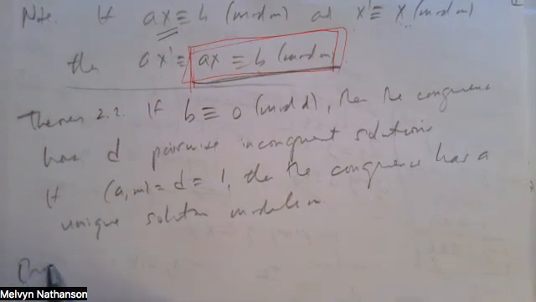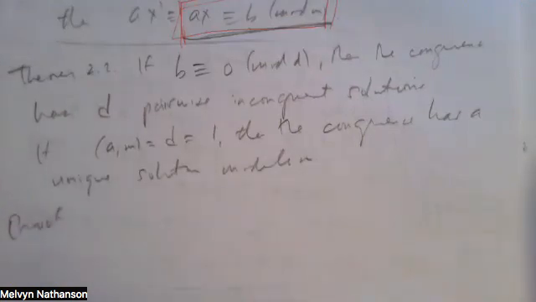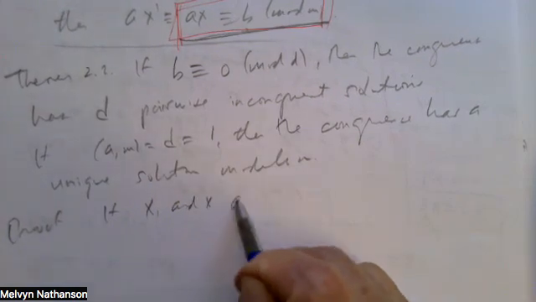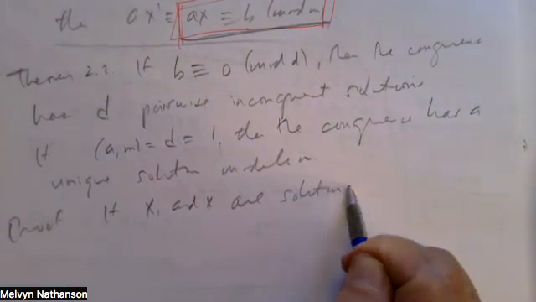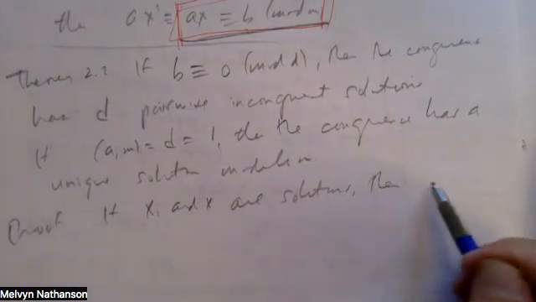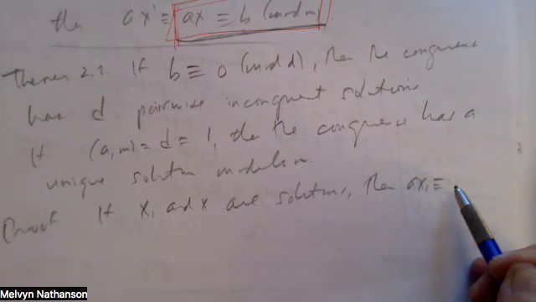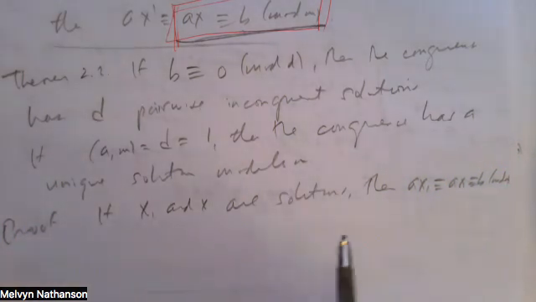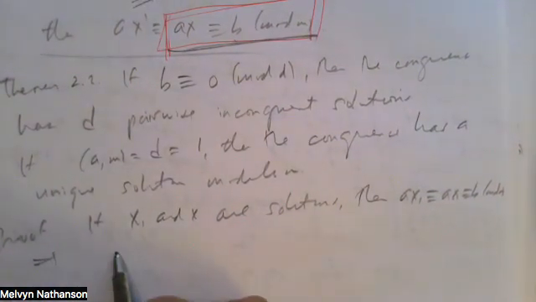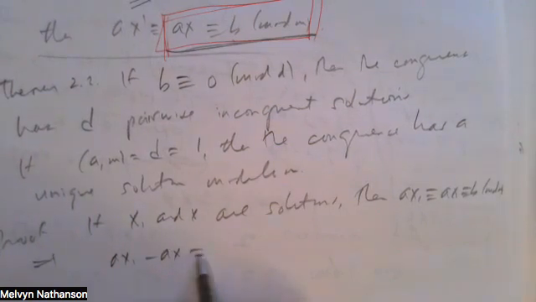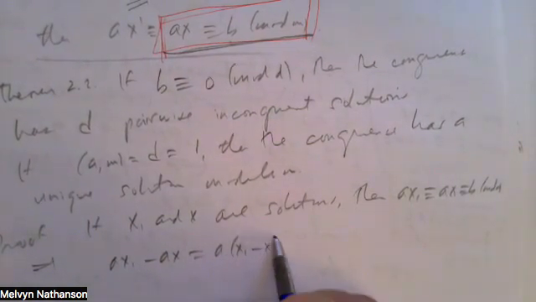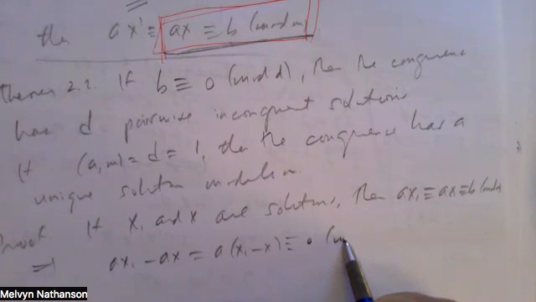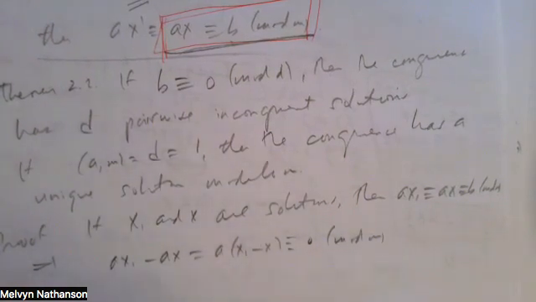So how do we prove this? If x1 and x are solutions, then ax1 is congruent to ax, because they're both congruent to b mod m, which means the difference, ax1 minus ax, which is a times x1 minus x, is divisible by m, is congruent to 0 mod m.